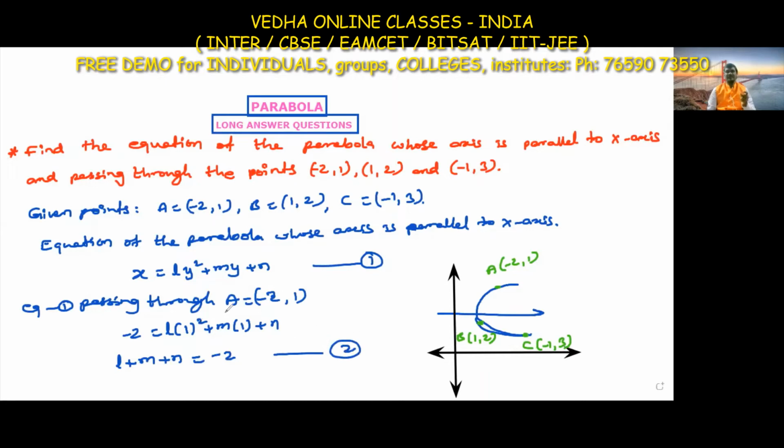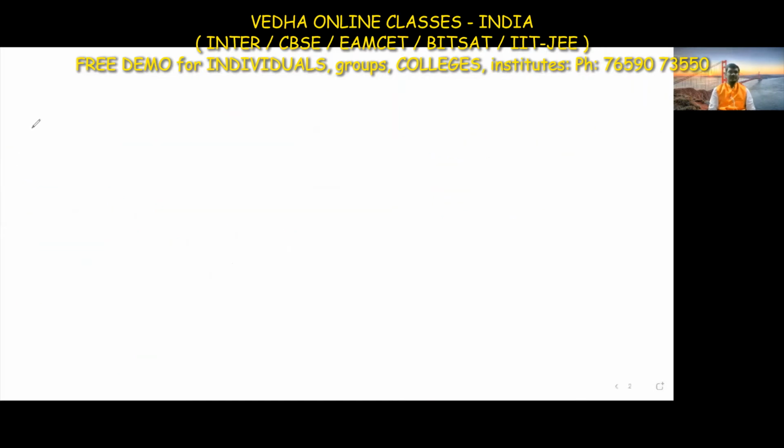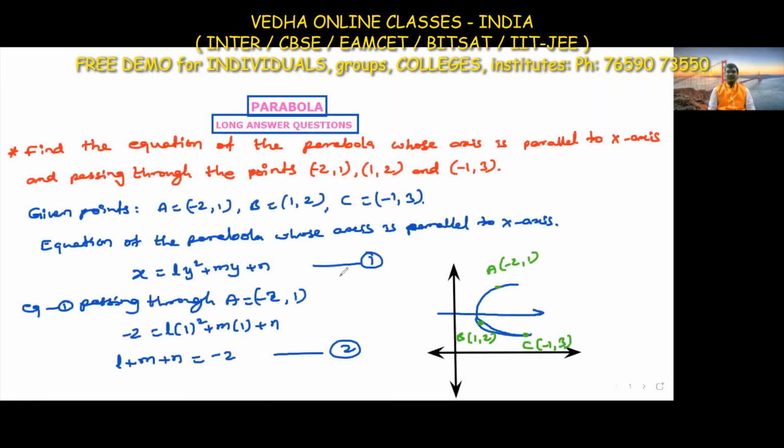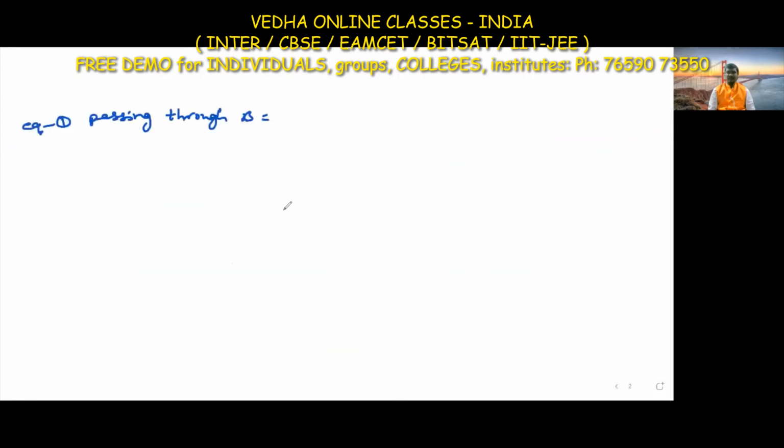Equation 1 also passes through the point B. What is the B point here? The point B is (1, 2).